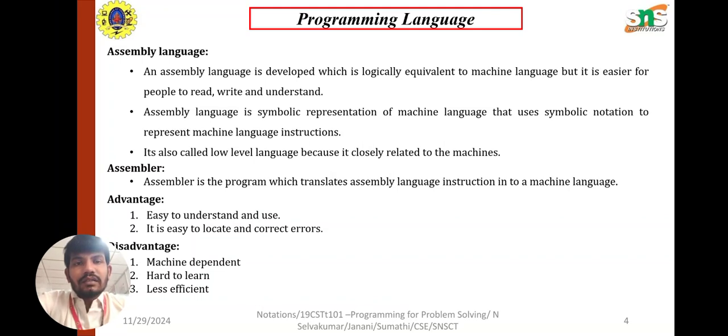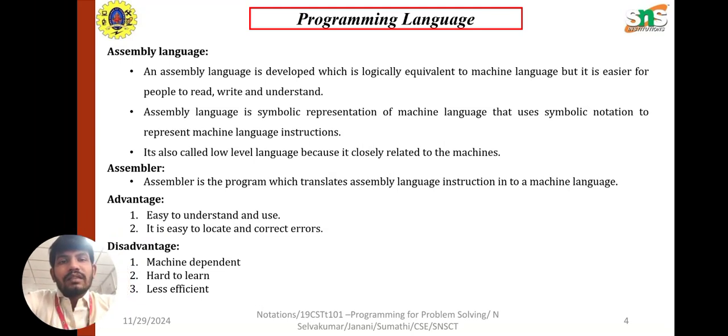The advantages are that it is easy to understand and use, and easy to locate and correct errors. The disadvantages are that assembly language is machine dependent, hard to learn, and less efficient.